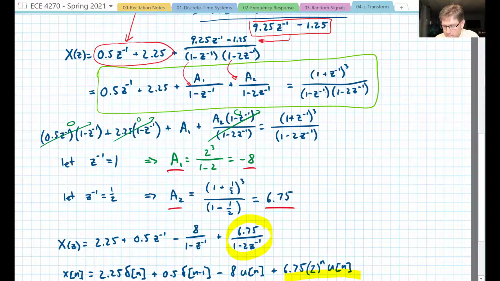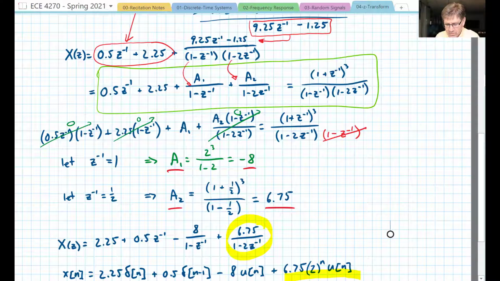To evaluate it at that point, you notice that we had before 1 minus z to the minus 1, and that cancels out because we've multiplied the whole equation by that. Okay, so we throw a 1 there, and we get 2 to the third over 1 minus 2, and that gives us our negative 8, which is our a1, shown right there.